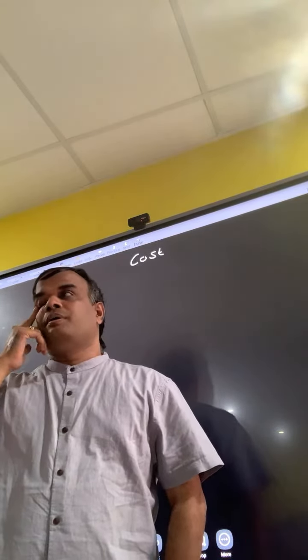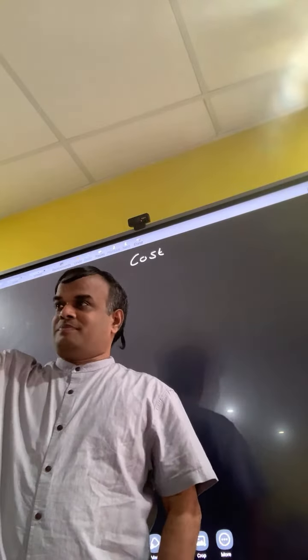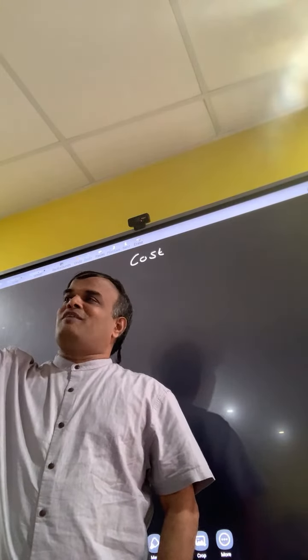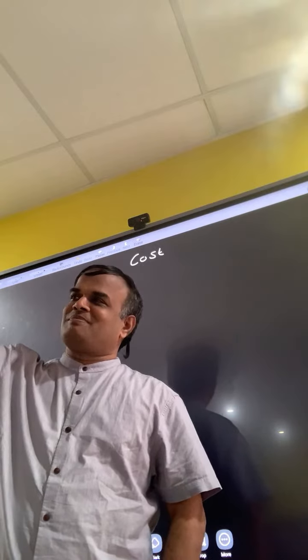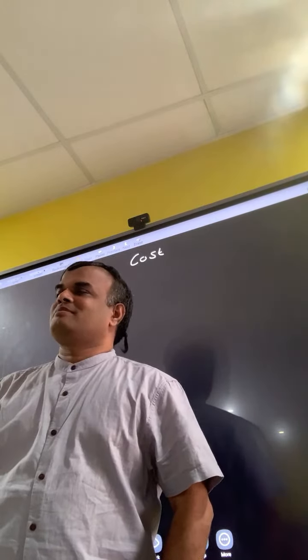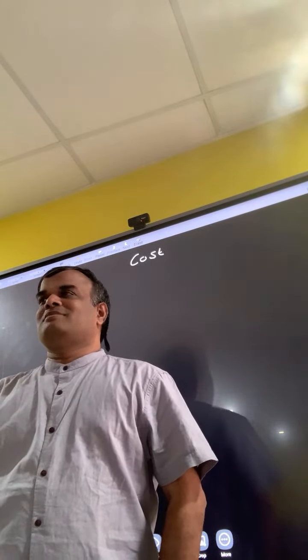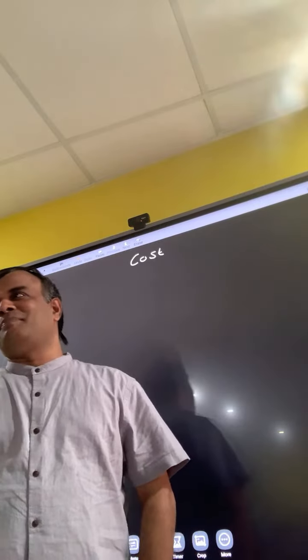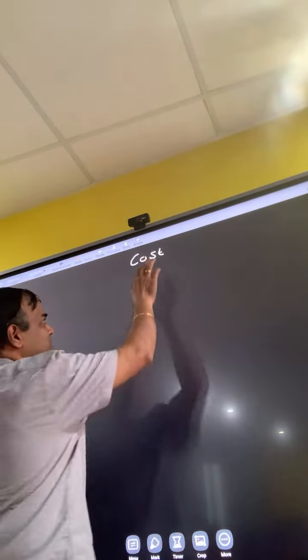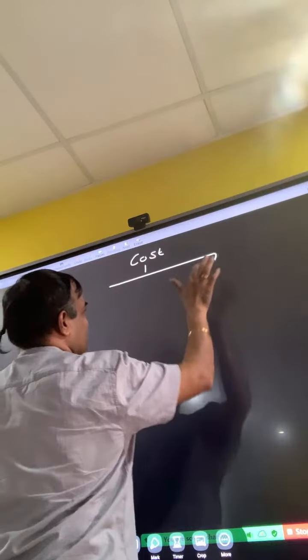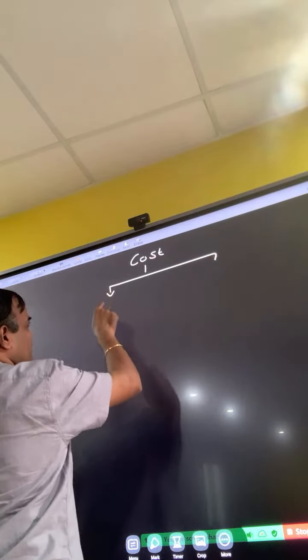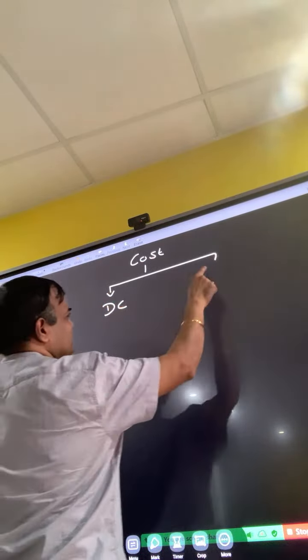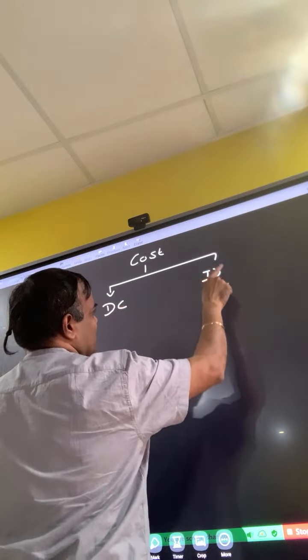Now, can you please tell me, on the basis of relationship, cost can be classified into direct cost and indirect cost. The cost is broadly classified into two types. One is direct cost and one is indirect cost.